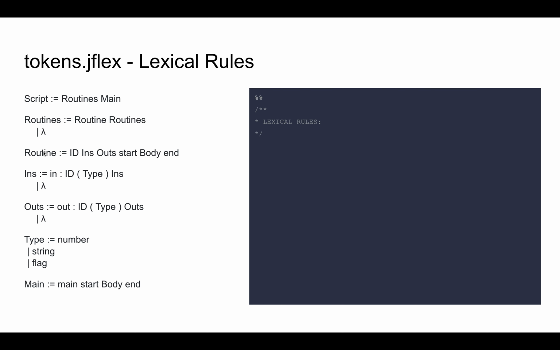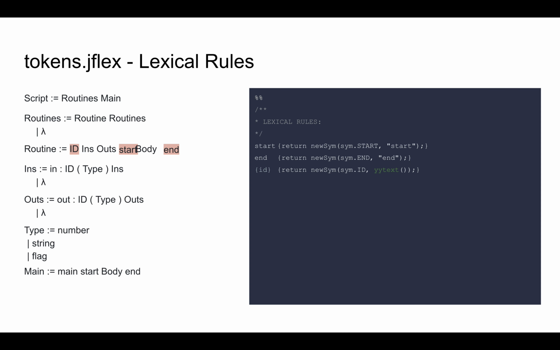The answer is still no, because it can be decomposed as ID followed by input parameters and output parameters, and then start, body, end. But if ID is a terminal, the answer is yes, because it cannot be decomposed into any other symbols. So in this way, we identify ID and start and end as three terminals.